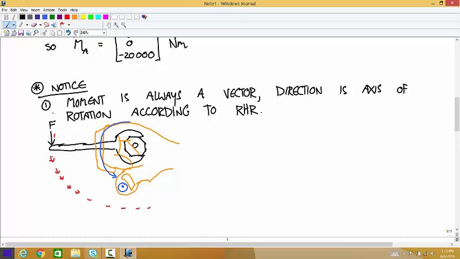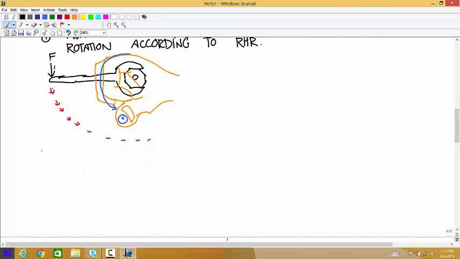All right, the second thing to notice is in 2 dimensions, moments only have a non-zero z component.